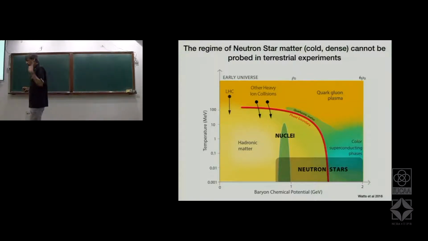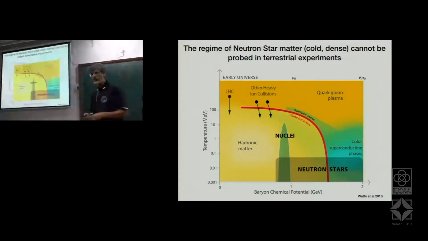You want to go to higher energies because that makes the de Broglie wavelength of the particle smaller and smaller, and the de Broglie wavelength is your resolution, the distance which you can measure.